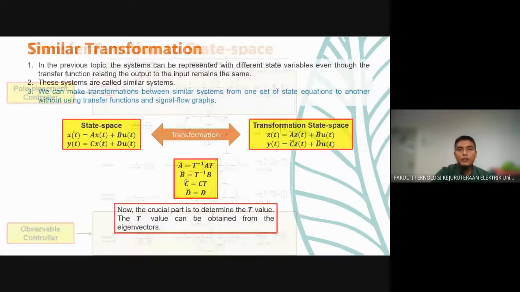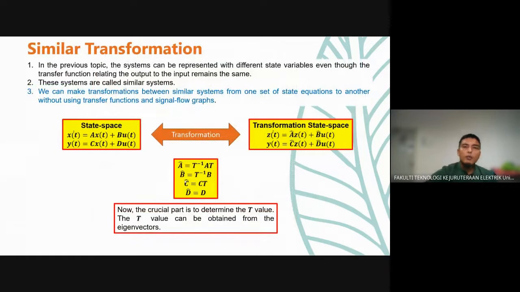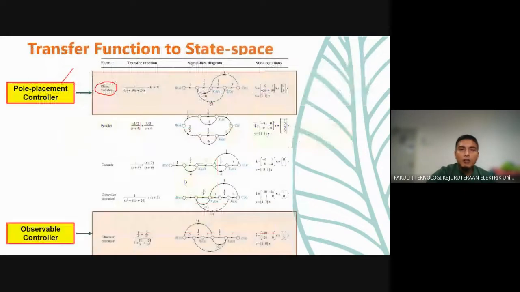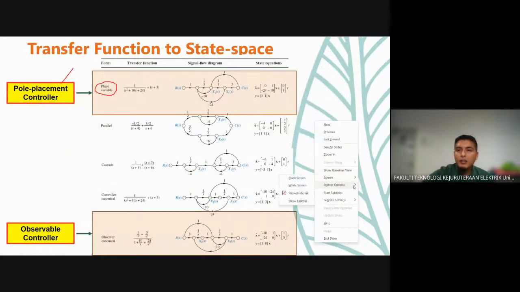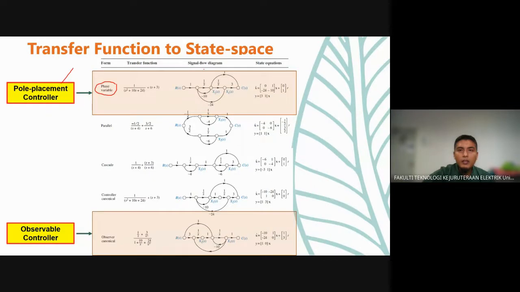Okay. So before this, when we want to convert this form, something like this diagonal form example, if you want to convert this form to this form in this previous explanation, you must know the transfer function.